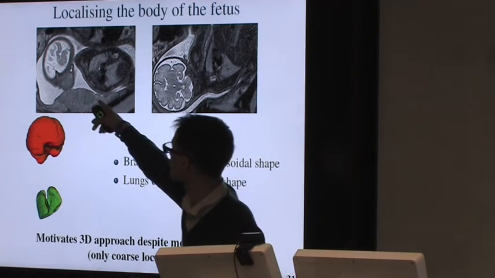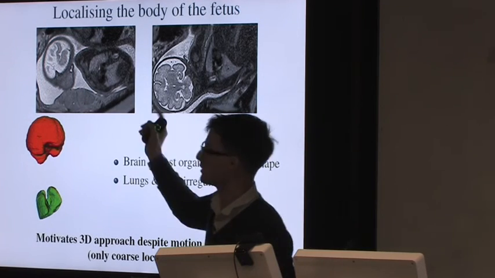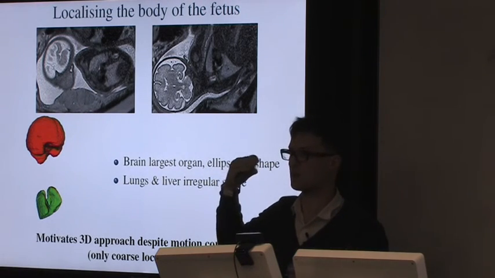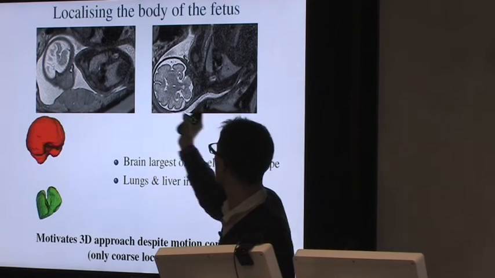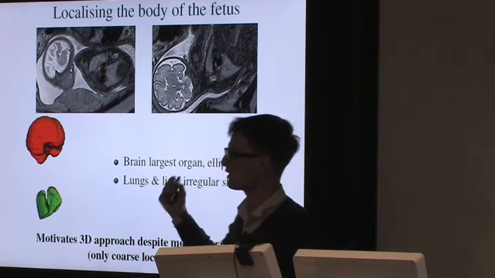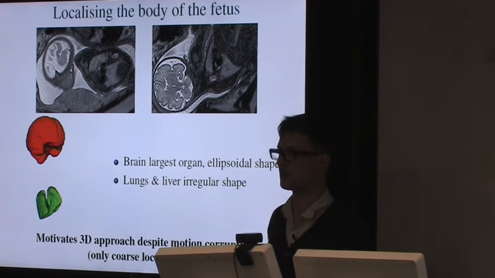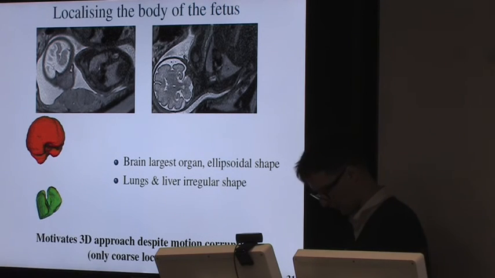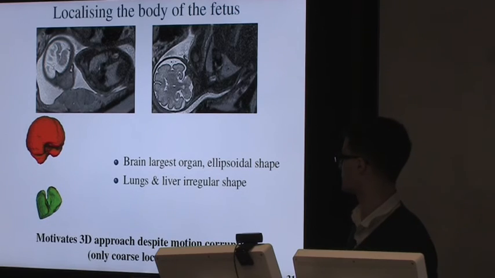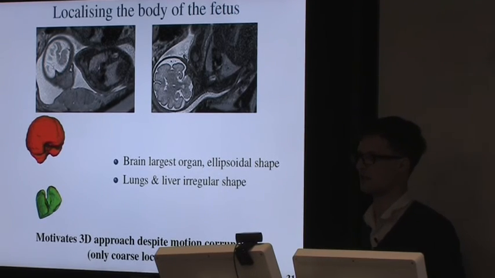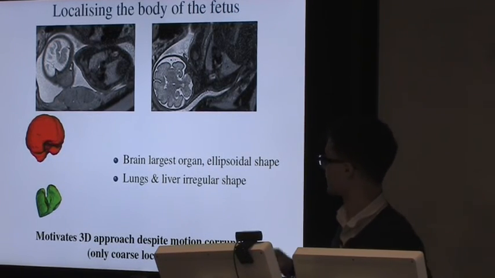So if you slice the brain in whatever direction, you will always end up with an ellipse. But if you slice the lungs, you can end up with a banana. You can end up with two disconnected components. You've got something very irregular. So that's why I chose to use a 3D approach in that case, despite the motion corruption.